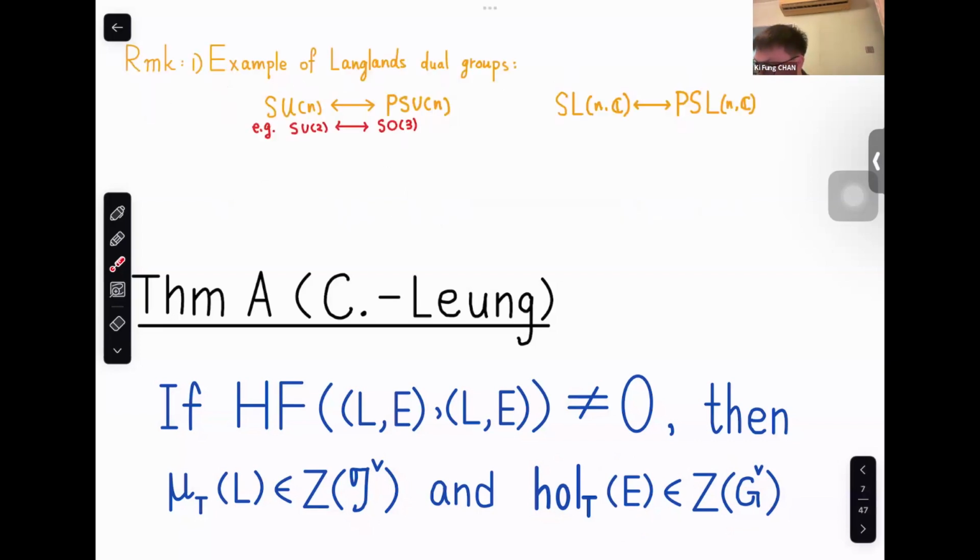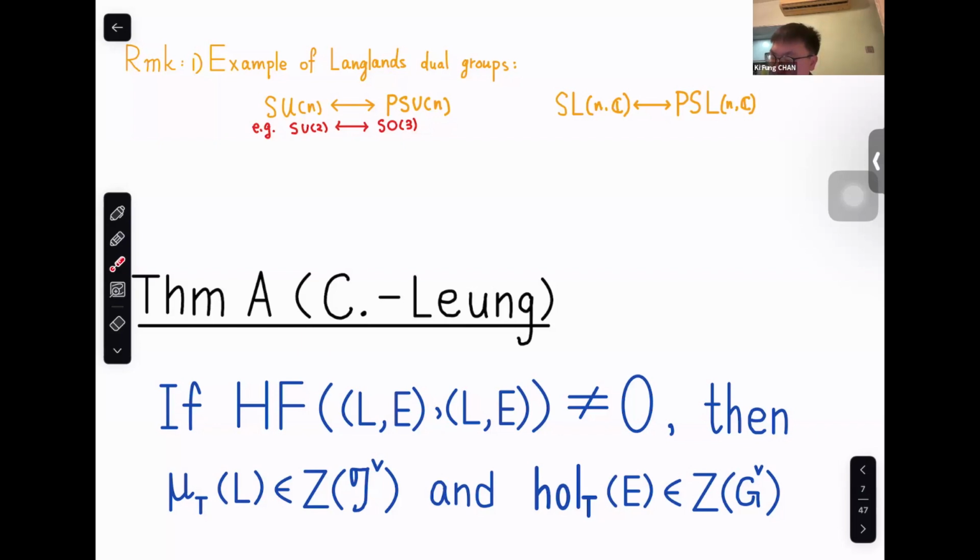The G check here and the G check here both refer to the Langlands dual group. In this talk, the only Langlands dual groups will be SU(N) and PSU(N). When G is equal to SU(N), then G check is equal to PSU(N), and vice versa.